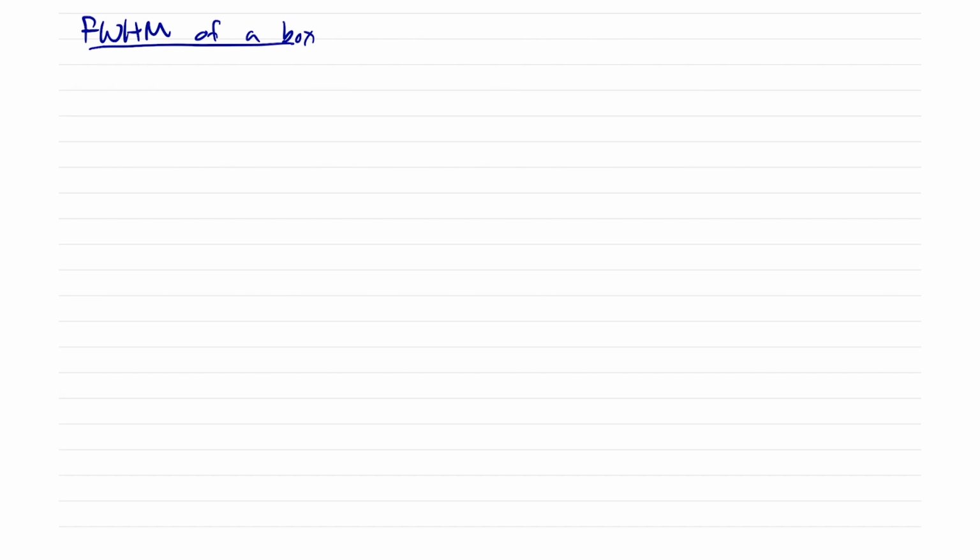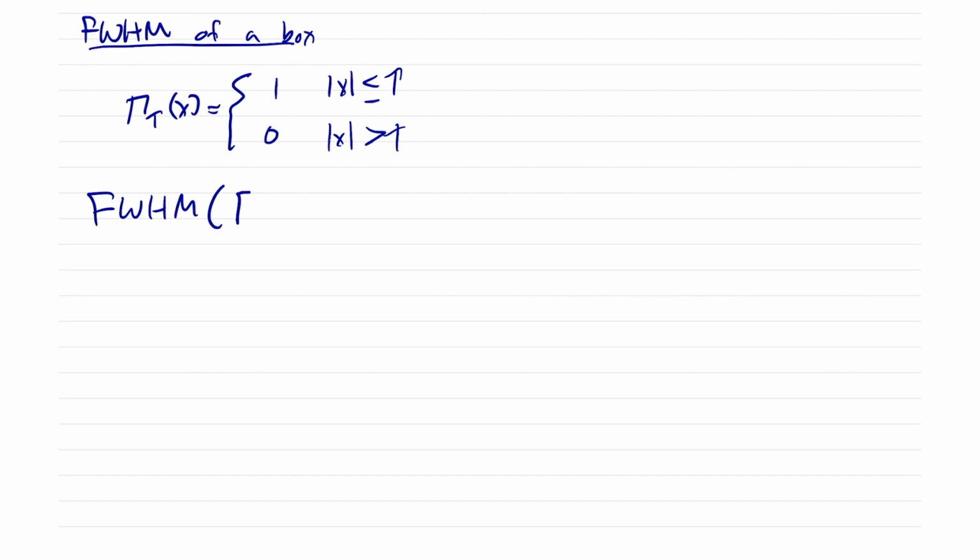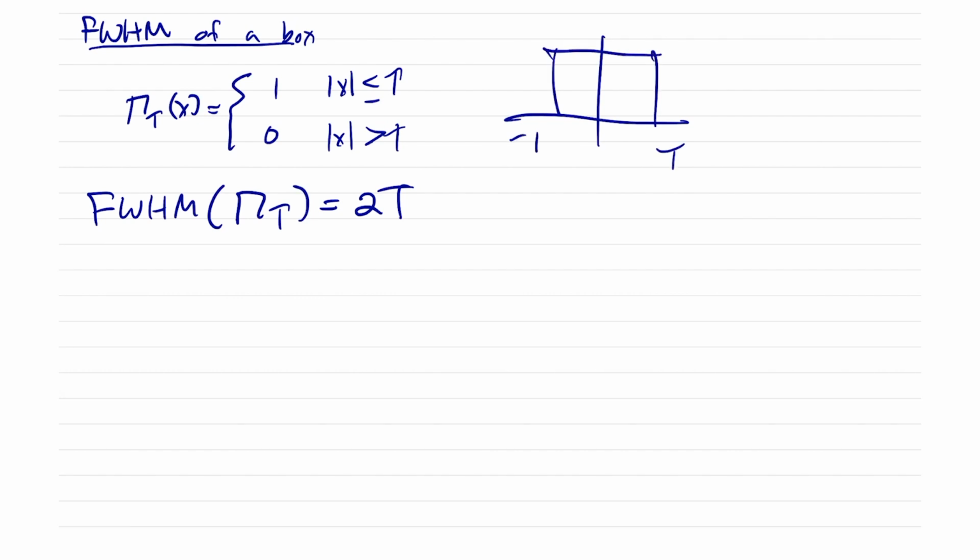Anyway, so again, we're looking at this box function, a square wave, which is equal to 1 if the absolute value of x is less than t, and 0 if the absolute value of x is bigger than t. Put an equal sign wherever you want. Technically it isn't increasing or decreasing on either side, but people make a special exception here. So the full width half maximum of this guy is 2t, which is basically t minus negative t.